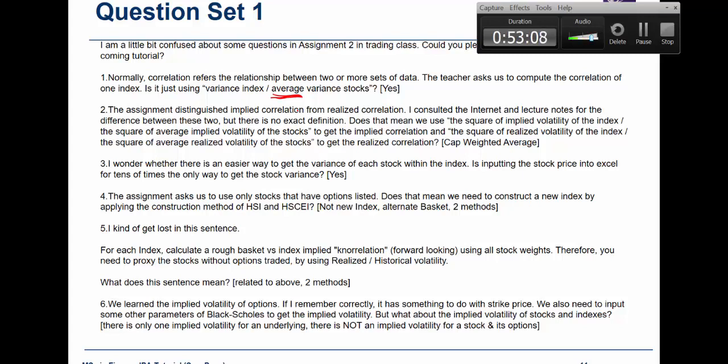Does that mean we use the square of implied vol of the index over square of the average? Yeah, I would say weighted average implied vol of the stocks to get the implied correlation, and the square of the realized vol of the index over the square of the average realized to get the realized. Yes, I would add 2 points.